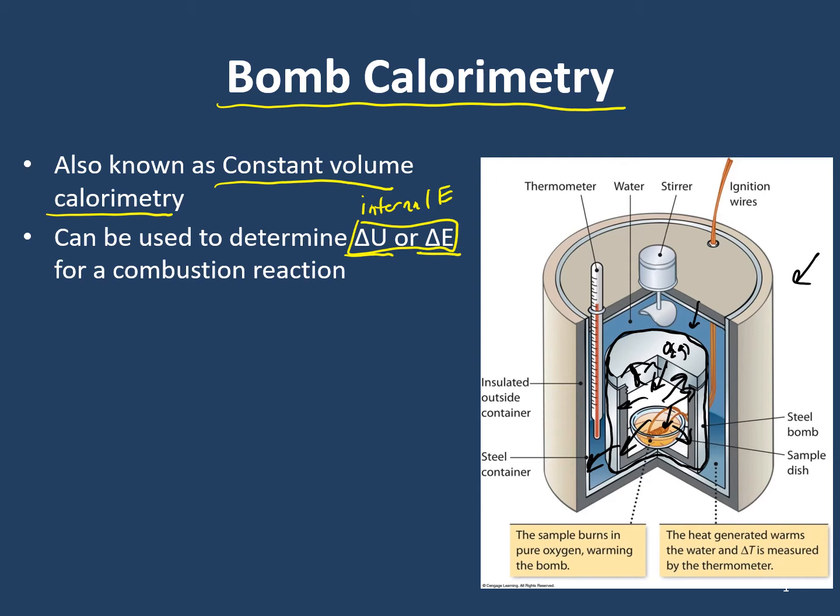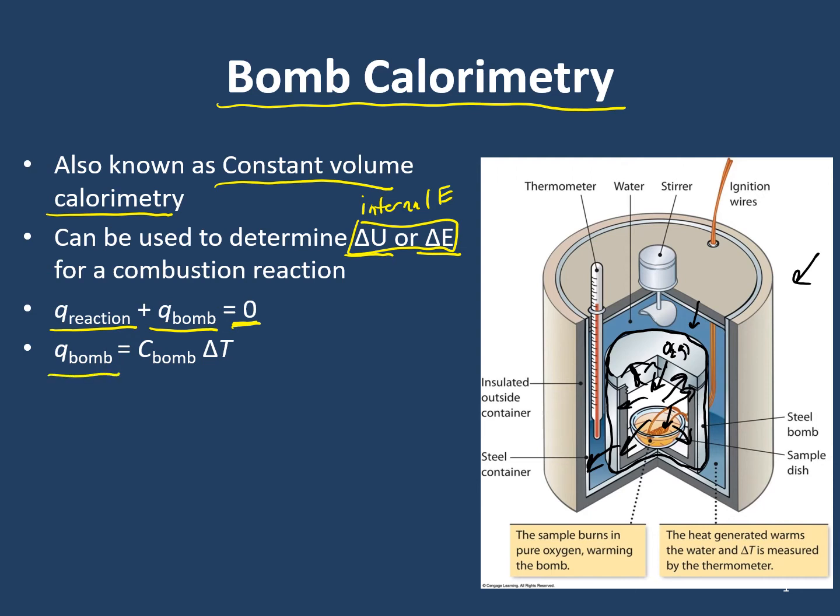At the end of the day, we can use two equations to calculate this process. Now we can use Q of the reaction plus Q of bomb has to add up to 0, because whatever the reaction gives off energy-wise is going to be exactly what the bomb gains.